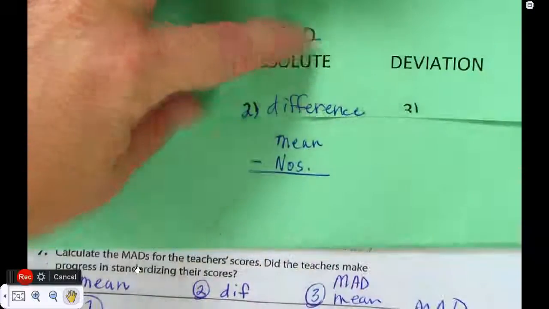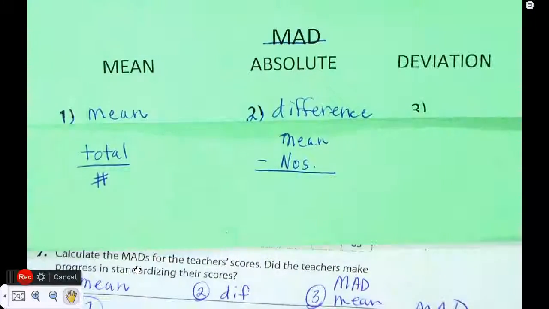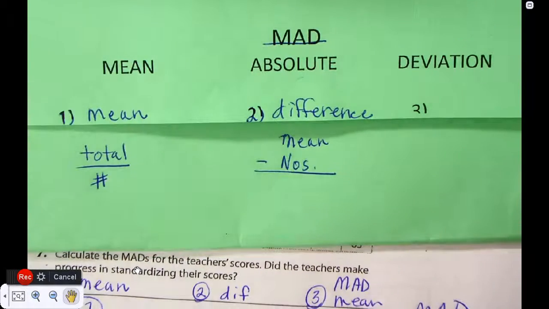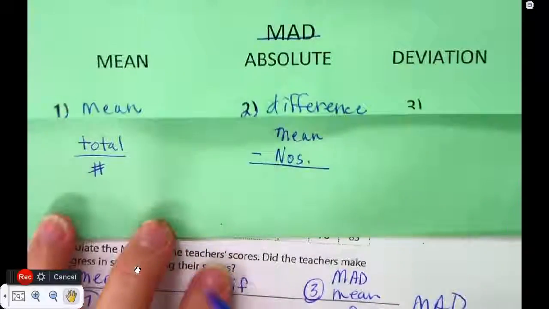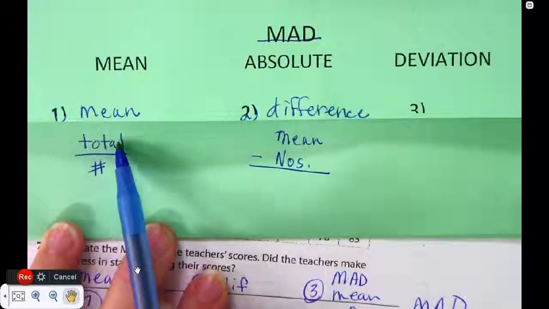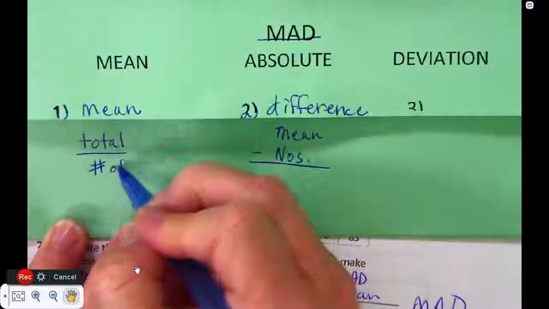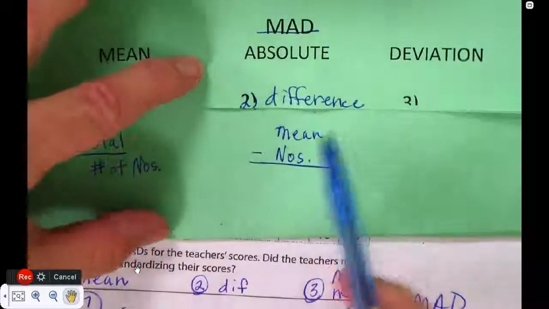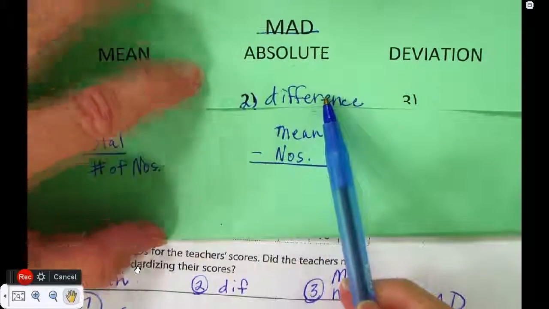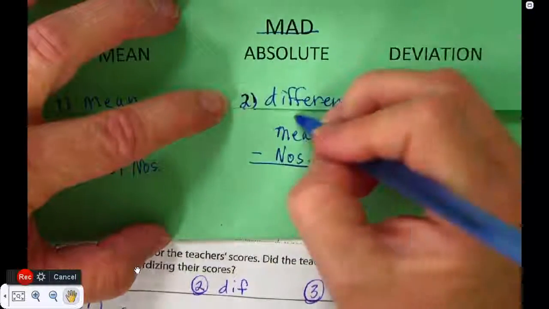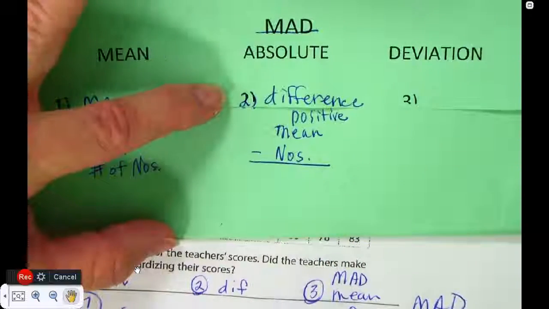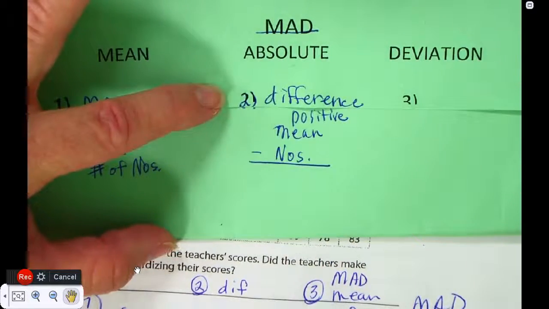Let's just put NOS period for numbers. So the mean, you're getting the total divided by the number of numbers, and on the absolute, you're getting the difference, and it's always positive, isn't it? Subtract the mean and the numbers, each number.